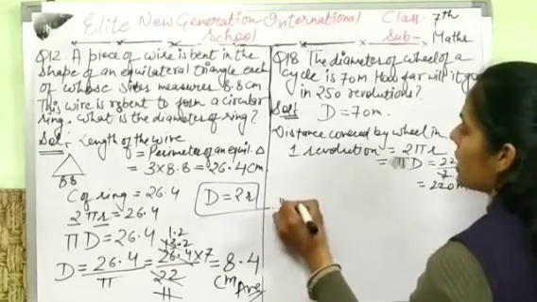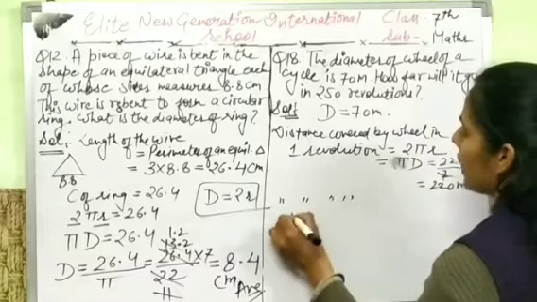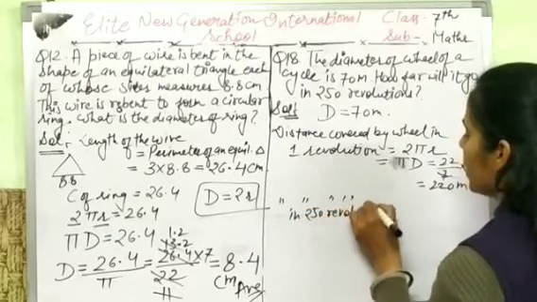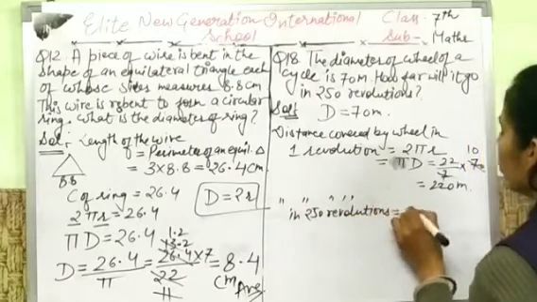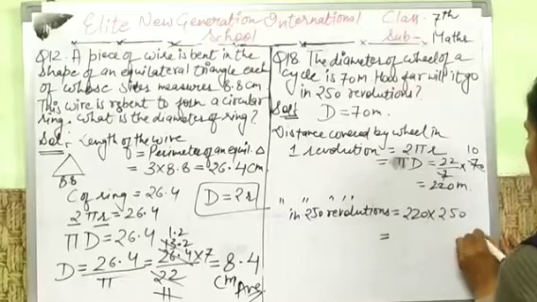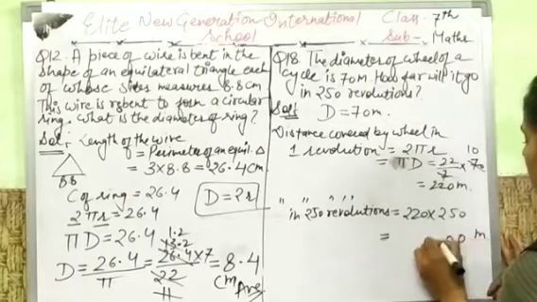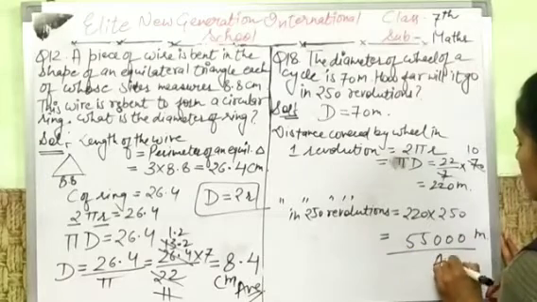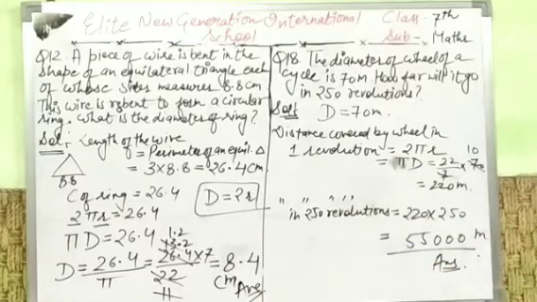So distance covered by the wheel in 250 revolutions will be equal to 220 into 250. So here 55,000. This is the answer.